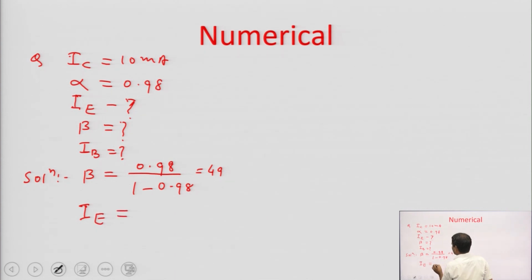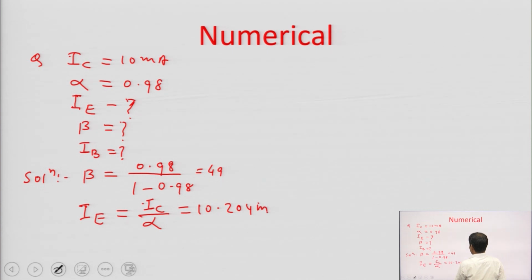IE is equal to IC upon alpha, since IC is given, and IE is equal to 10.204 milliampere.